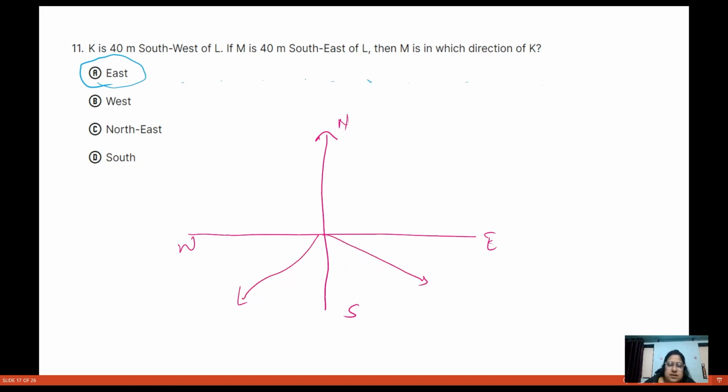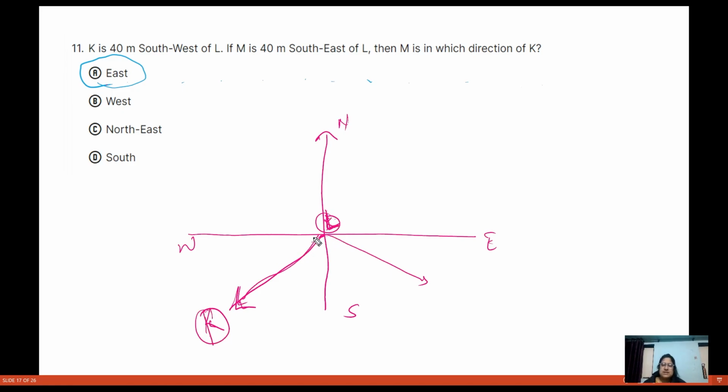Now it is saying K is 40 meters southwest of L. So southwest is this direction and let's say K is here. You will get K here and you will get L here.